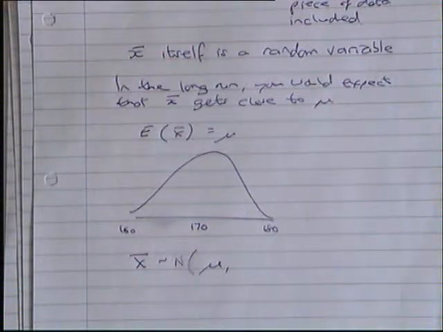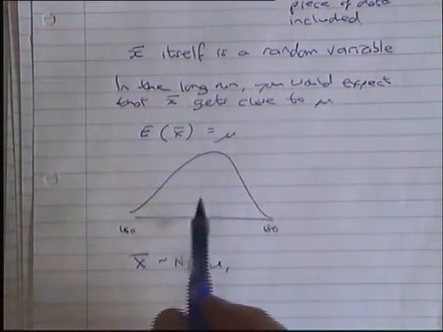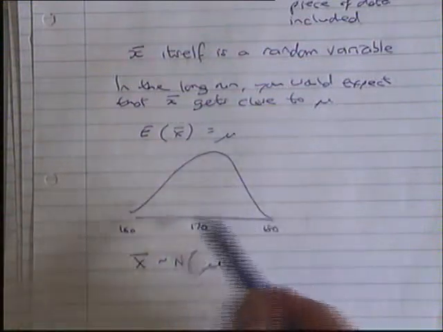What do you think would make our sample means become closer to the actual true population mean? We can only do things to our sample at the moment. A bigger sample. Yeah, so as the sample gets bigger, you would expect the spread of this to get smaller.